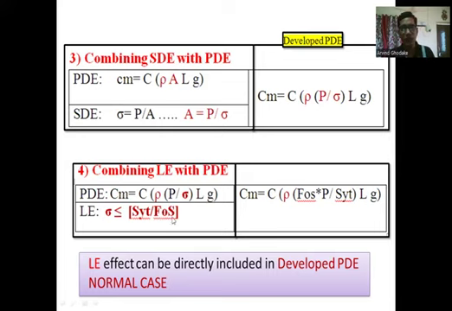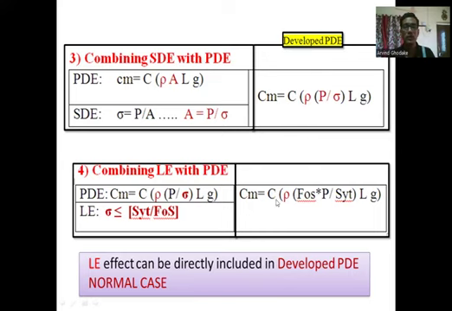So here we will get the final equation for minimizing the cost. Simply, here we are putting the value of sigma in. From the limit equation we are getting the sigma value, and we are putting that sigma value into this primary design equation, so that we will get the new final primary design equation, that is Cm is equal to C into rho into factor of safety into P divided by SYT into L into g.